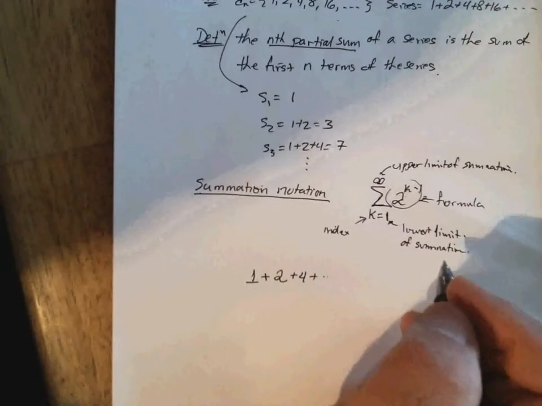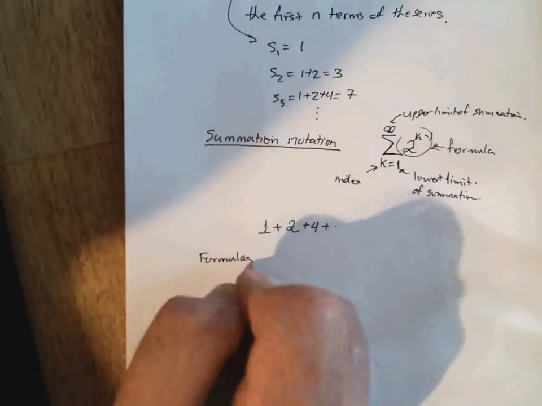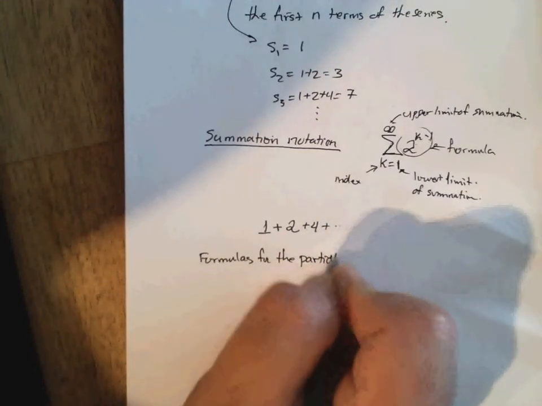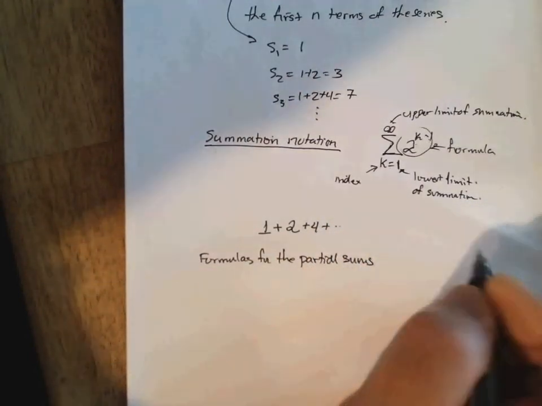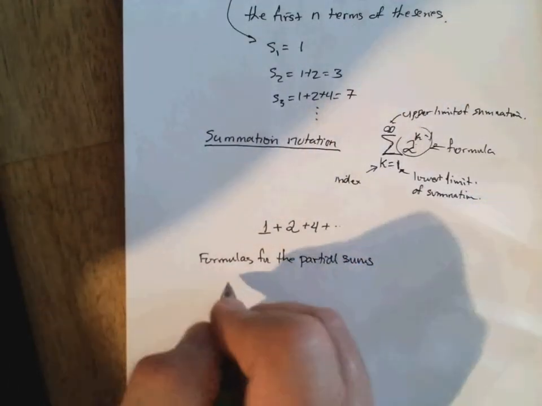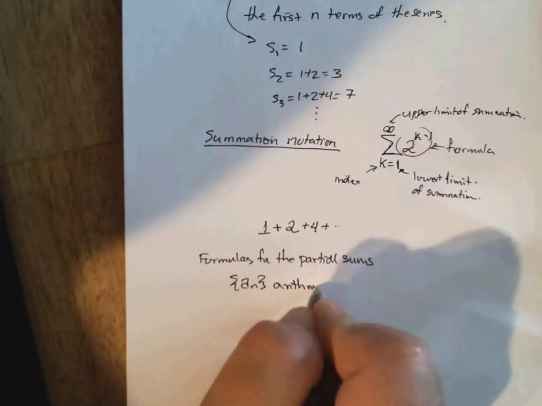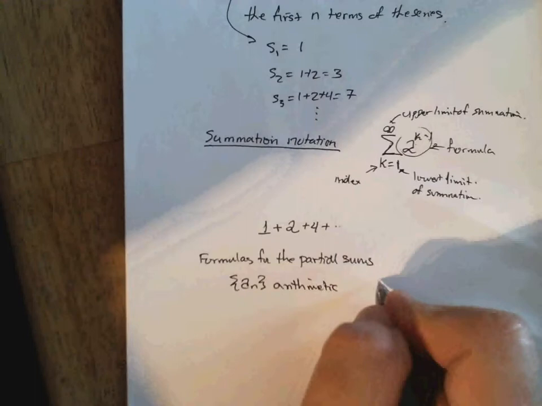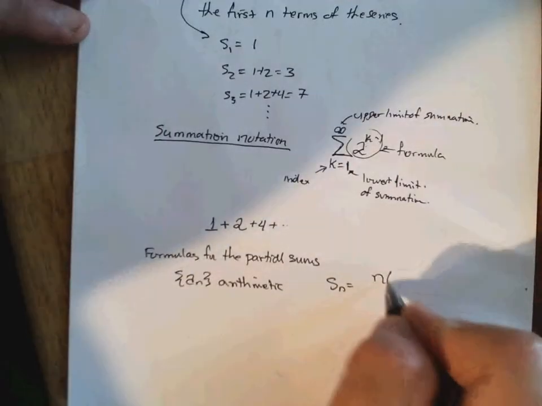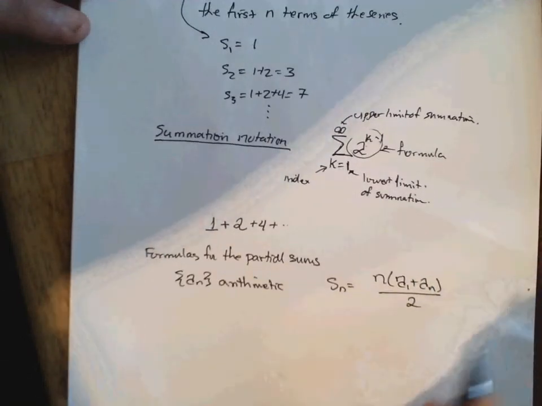Now, there are formulas for the partial sums, depending on what kind of a sequence you're summing up. So if you're summing an arithmetic sequence, then the formula for the sum of the first n terms is n times the first term plus the nth term, divided by 2.